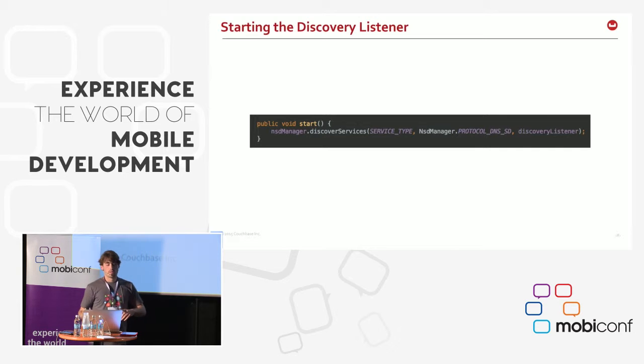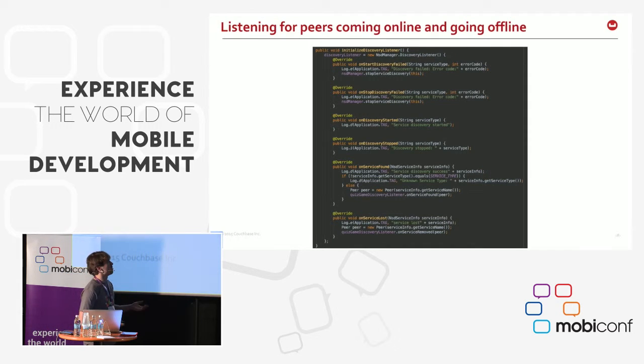So on the Android side, the first thing you do is instantiate the NSD manager, and then you use the instance method discoverServices, passing in the same peersync._tcp. This protocol, DNS-SD, is nothing special, and the discovery listener, because it's asynchronous, will get called when new peers come online and when some of them go offline.